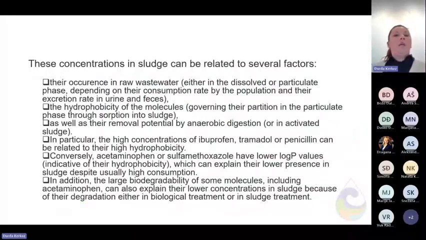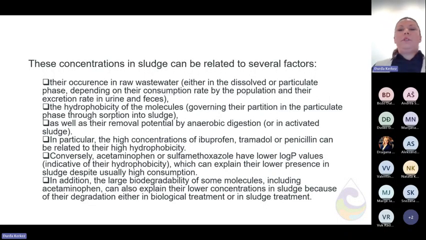The concentration in sludge can be related to several factors. Definitely the occurrence in raw wastewater in the dissolved or in solid phase. Also, it depends on the consumption rate by the population and excretion in urine and feces. Their presence also is related to the hydrophobicity of the molecules, governing their partition in the particular phase through the sorption in the sludge.